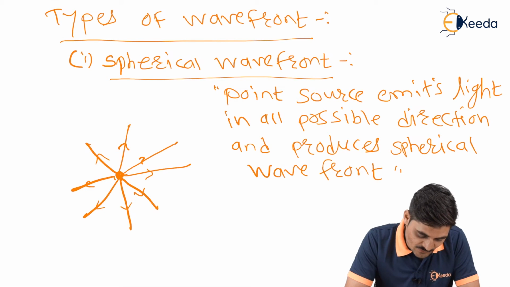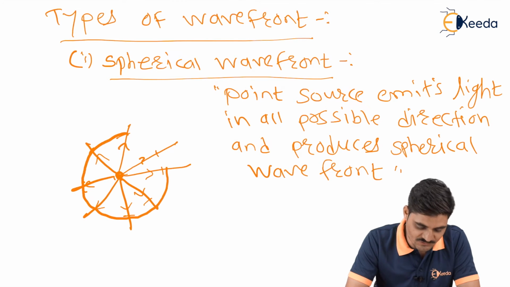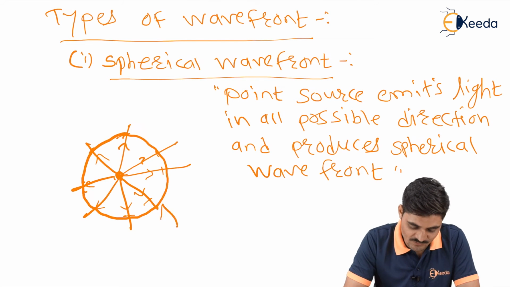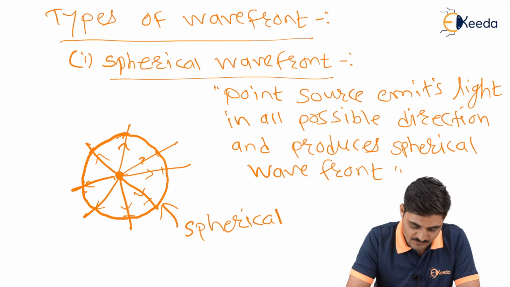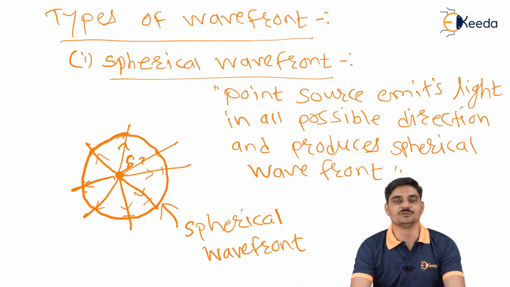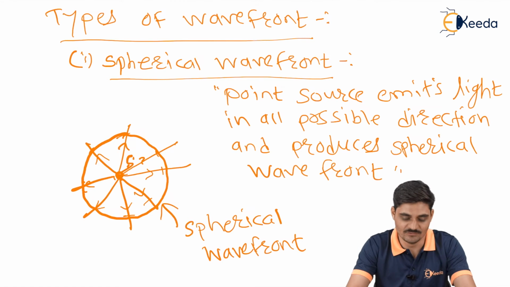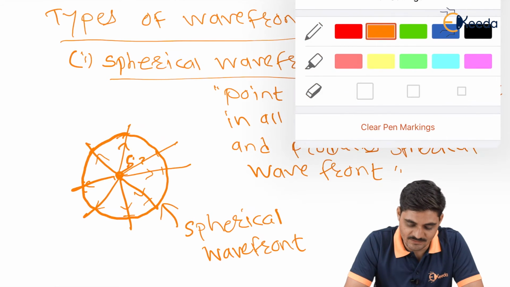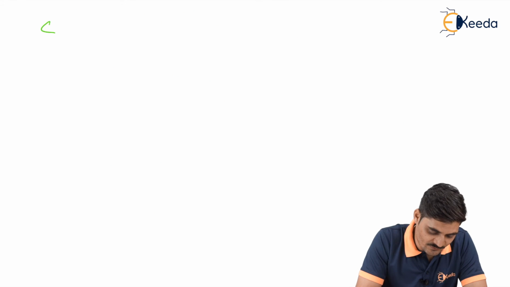Say I'm going to mark these points where light reaches simultaneously, and we'll draw a sphere passing through all these points. So this will be which type of wavefront? Spherical wavefront. And this is our source S. So a point source produces which type of wavefront? Spherical wavefront.